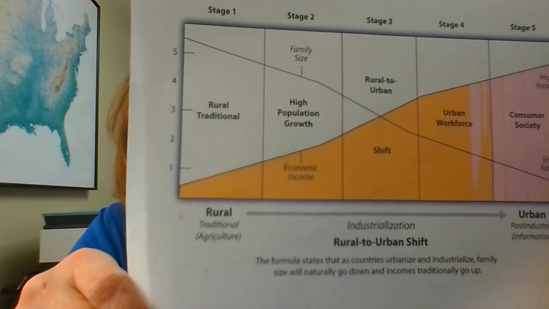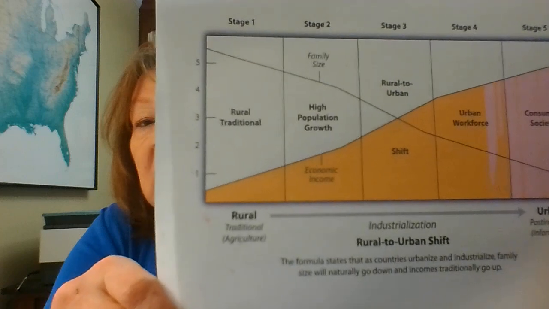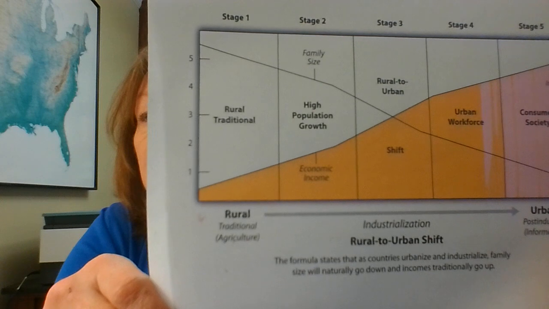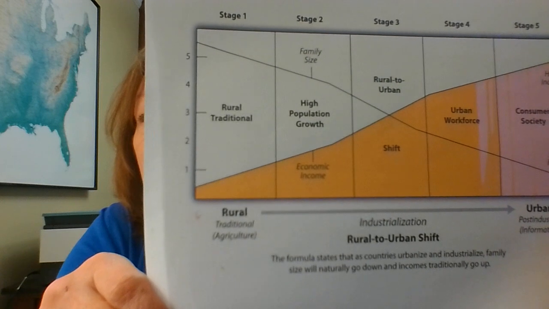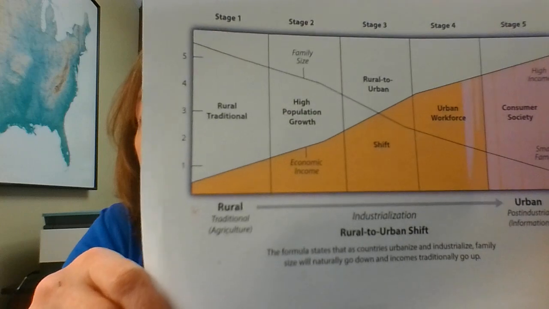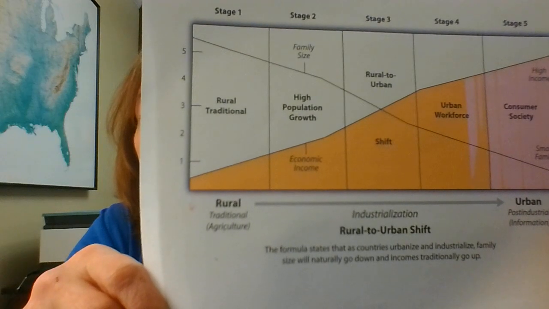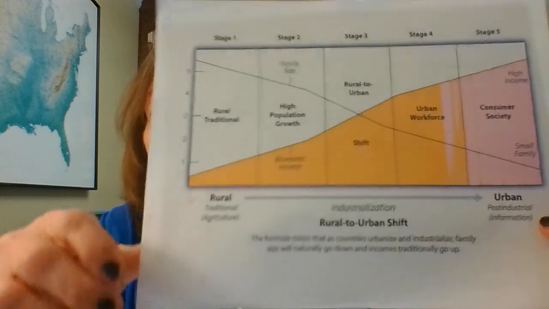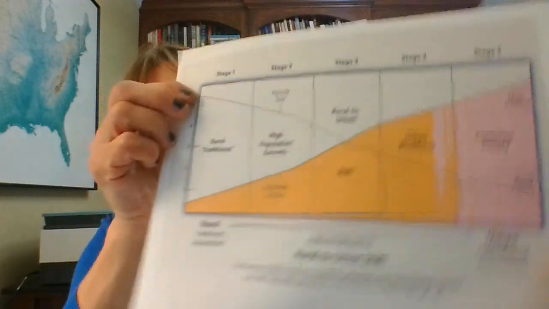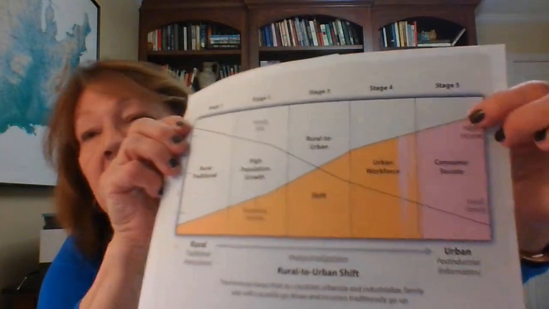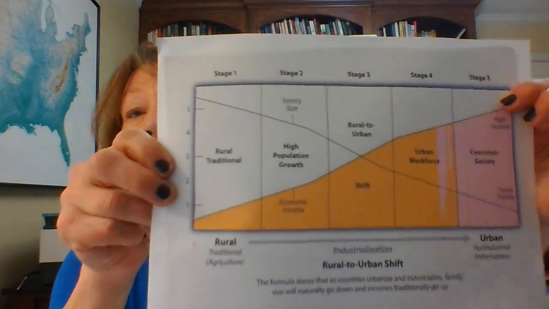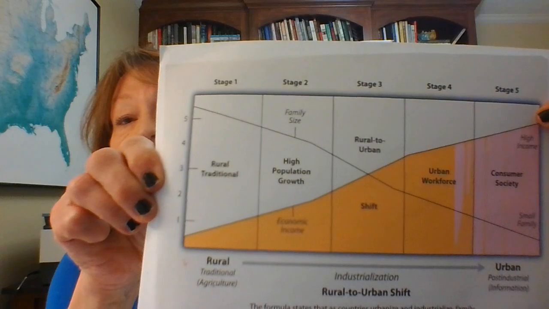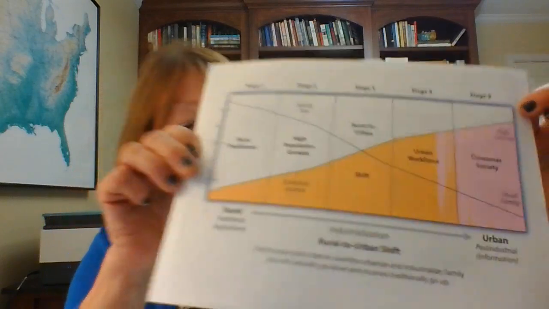Stage four, we see a much more developed economy with more industry, and we find that the family size is shrinking until we get to, and you'll see this line is almost down to a very, very small family size, while the income line is shooting way up here. And we have higher income, we're in a consumer society, and we have small families. This is a post-industrial type of society here.